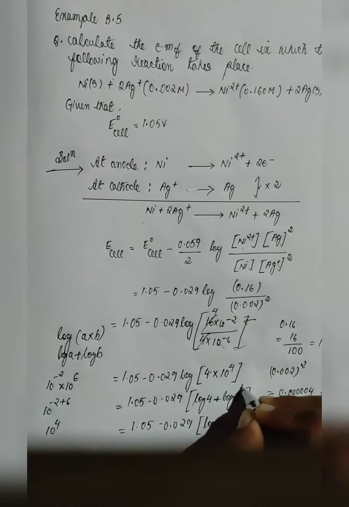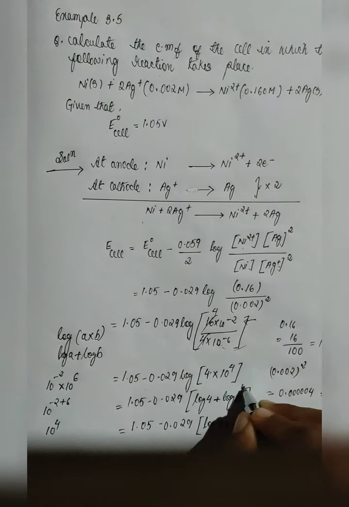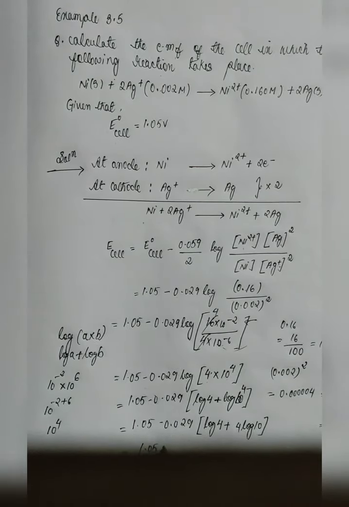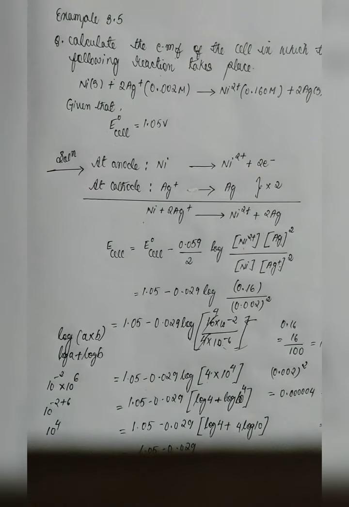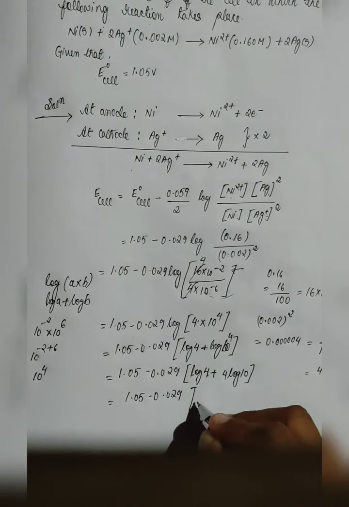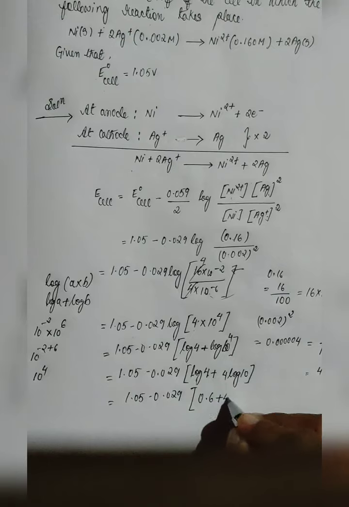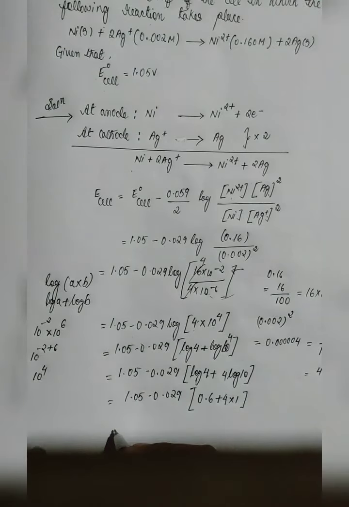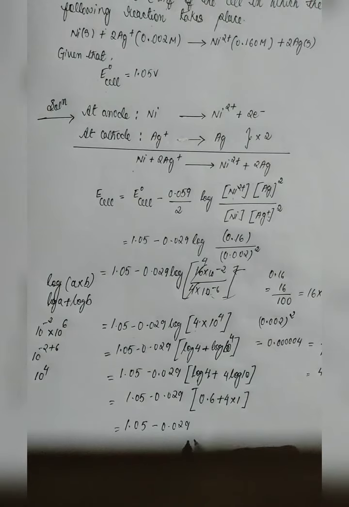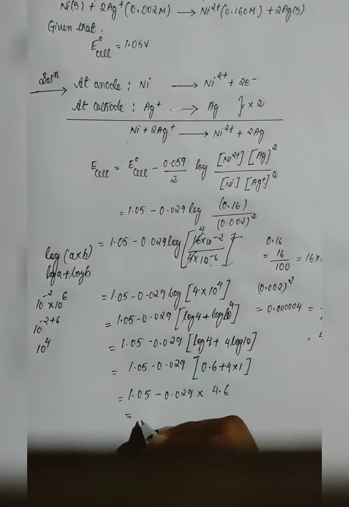What is log B? 10 to the power 4. This type we have already done. That means it will be 4 log 10. Minus 0.029 into log 4 value is 0.6 plus 4 log 10 value is 1. So here upon multiplication, what we will get is 4.6. So here it will be written in this manner.